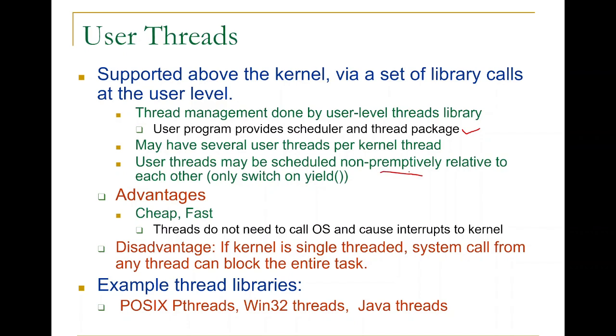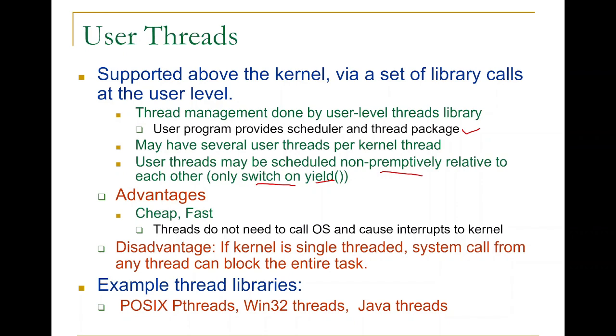Non-preemptive means that you cannot stop it. Once it starts, it must finish, and then you pick the next one. They only switch on yield. Yield means that you have completed what you need to do, or your time is up, and you now switch.